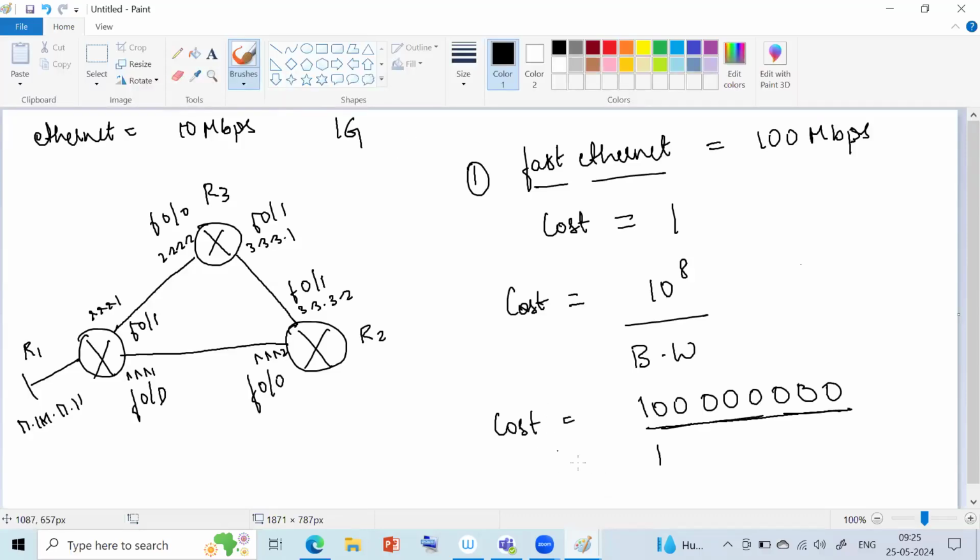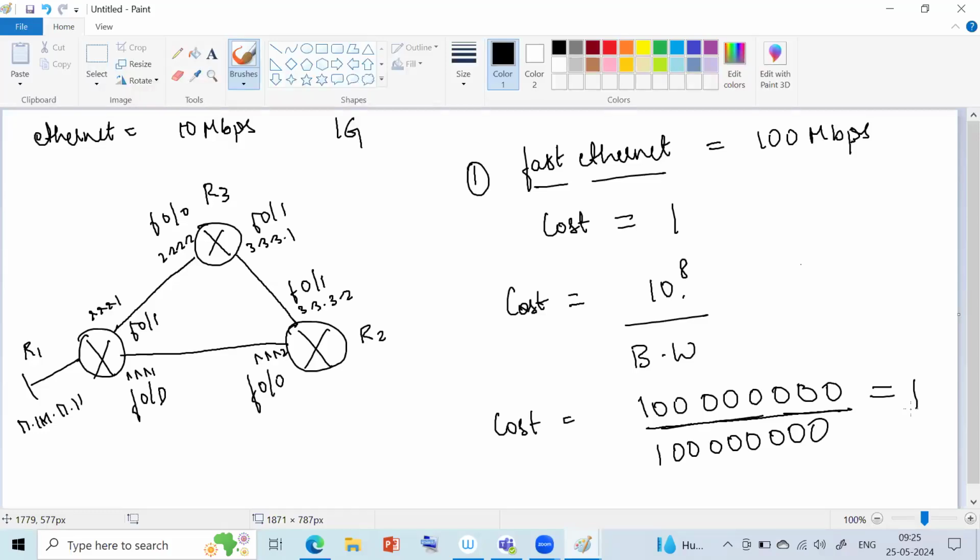Now, according to the formula, the bandwidth is 100 Mbps, so it should be 100 followed by 6 zeros, which is equal to 1.